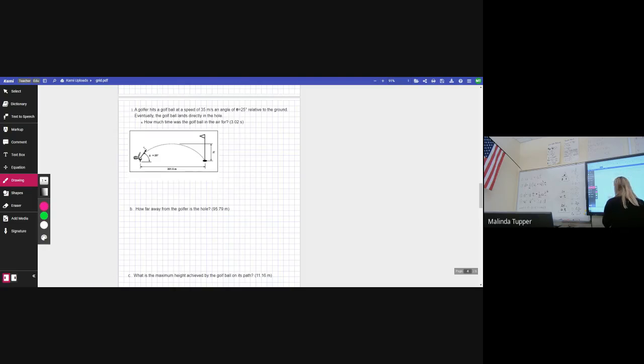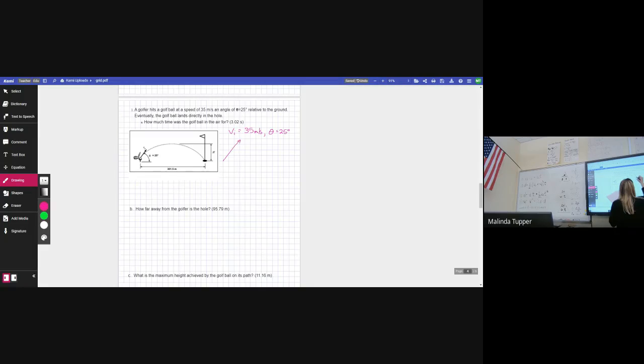This is a typical angled projectile problem. The first thing it asks is how much time it was in the air for. So let's start out with what we know. The initial velocity is 35 meters per second, and the angle is 25 degrees. I'm going to find my horizontal and vertical components.